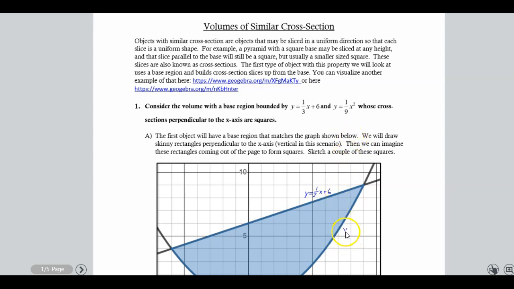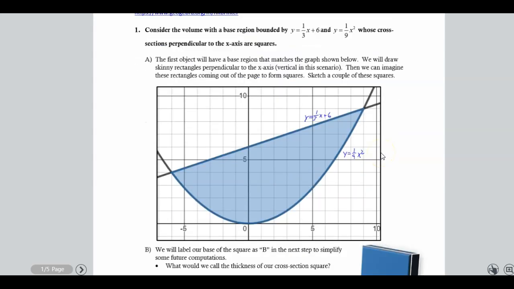What we're going to do is draw rectangles perpendicular to the x-axis, and imagine that we have squares coming out, very similar to the figure we just saw. So if I have, say, a vertical rectangle right here, perpendicular to the x-axis, then there's going to be a square coming out of the board right there.